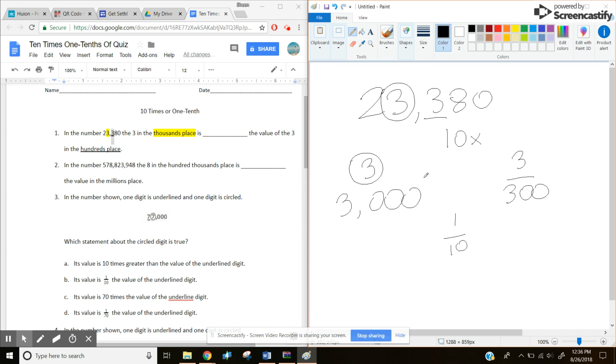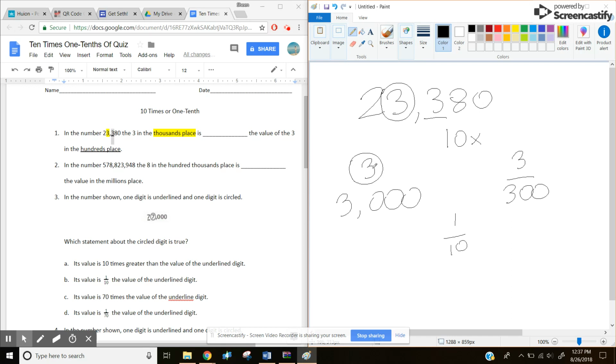Now I'm going to ask myself, and remember, I'm always looking at the circled digit first. So in this case, this circled digit is 3, which is worth 3,000. Now, is 3,000 10 times greater than 300? Yes, it is greater. Okay, now we're going to go back.